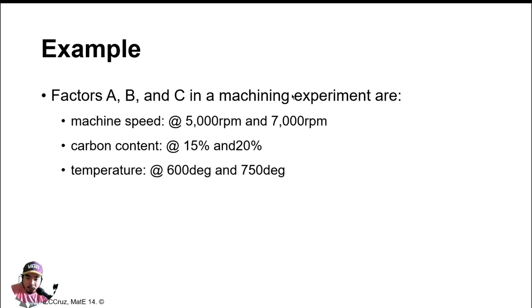Pero ito, yung natural factors, yung actual settings na gagawin natin in the real world. Tapos yung coded factors is yung mga -1, 1, or yung 1, 2, 3. Coded factors are used dun sa statistical analysis because you can't actually use these natural factors pag nag-analyze kayo ng data, no? Okay?